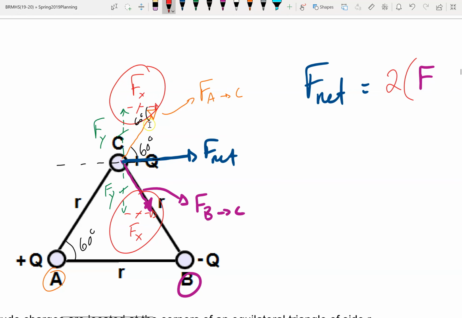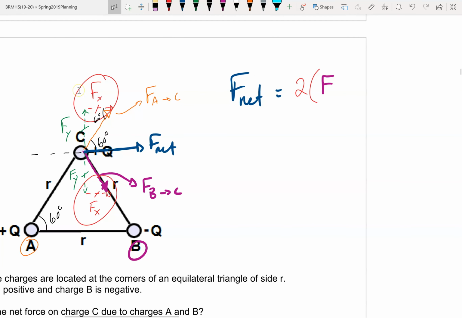So F in the x direction is going to be my total force times the cosine of 60 degrees. So I have F times the cosine to get my horizontal portion, cosine 60 degrees. And we'll have 2 of those because we have those 2 charges. So we've got the 2 in there.